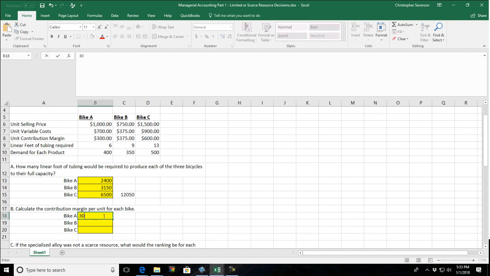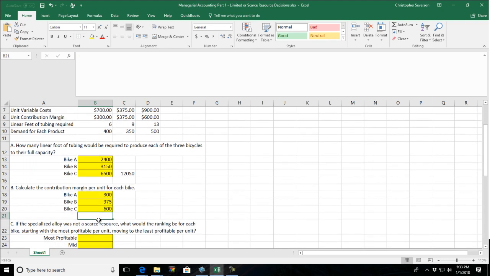Bike A is going to be $300 per unit, Bike B is $375, and Bike C is $600. This is how we determine profitability when we have no scarce resource. We use the contribution margin per unit because that tells us how much profit each unit is going to add to our bottom line.